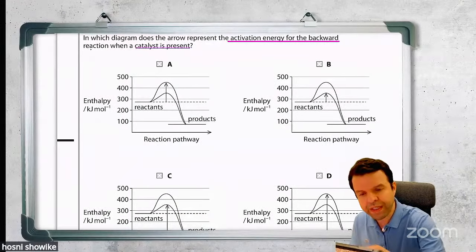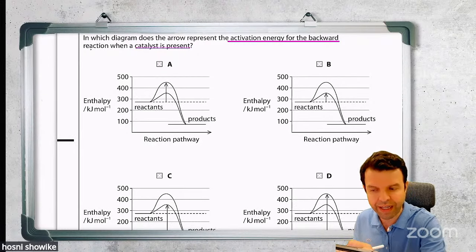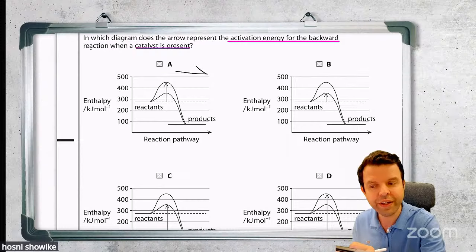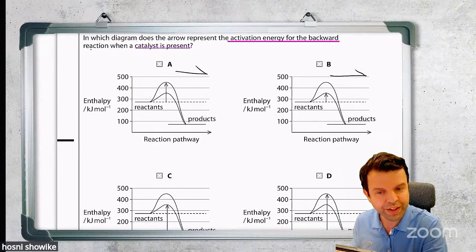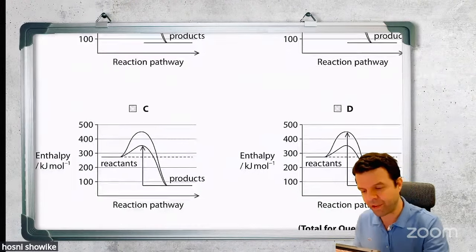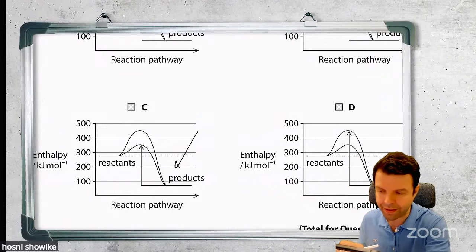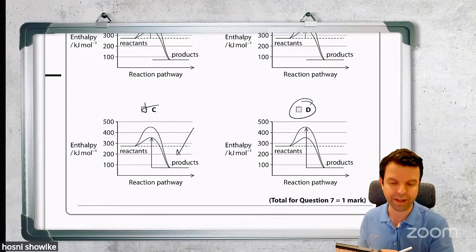This is perfectly okay for a forward reaction, uncatalyzed. So this is forward and uncatalyzed. This is forward and catalyzed because it reduces activation energy. This one is backward catalyzed. That's what I'm looking for. And this is backward uncatalyzed.